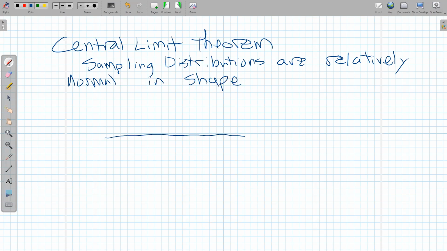And so that means they have this symmetric bell shape. And there's actually a formula for the normal distribution that Statistic takes advantage of in one of its apps that we're going to look at today. So that's one thing about the central limit theorem.